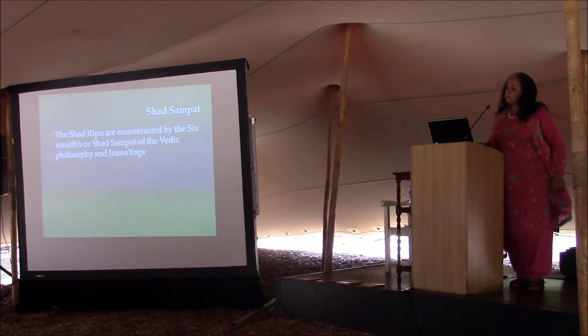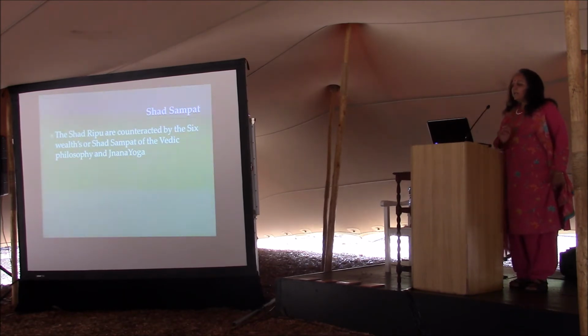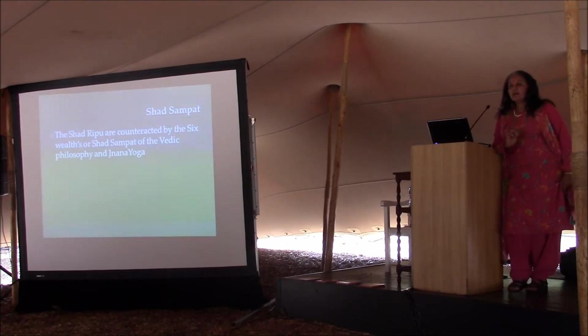So the yogic concept is that Shad Ripu are counteracted by the six wealths, or Shad Sampat, of the Vedic philosophy and Jnana Yoga. Jnana Yoga is the highest aspect of yoga, and Jnana means the yoga of knowledge.